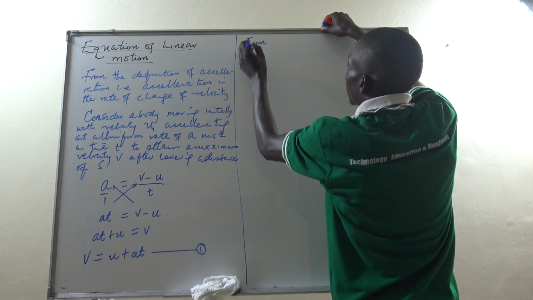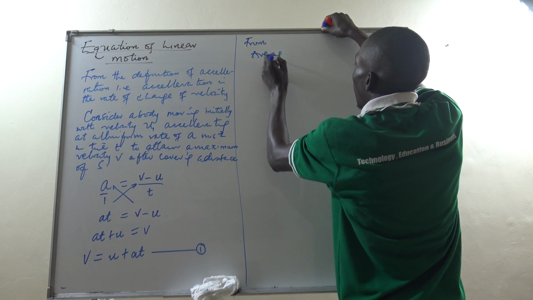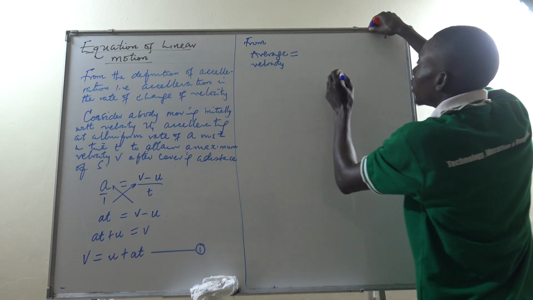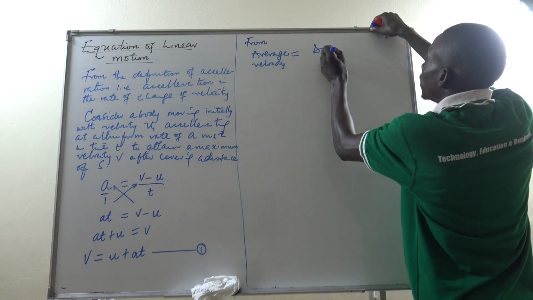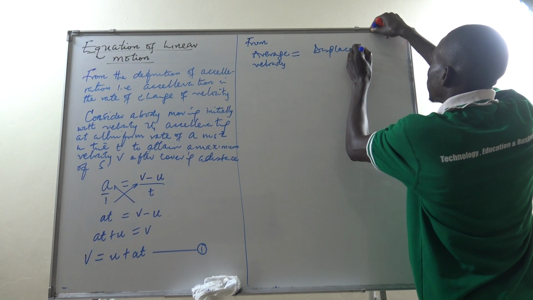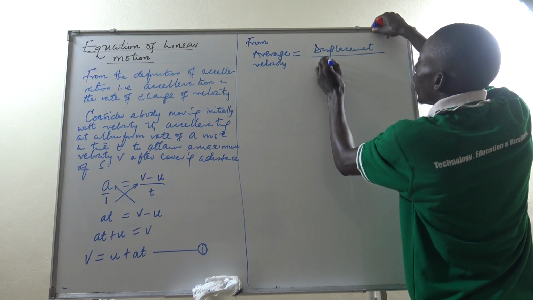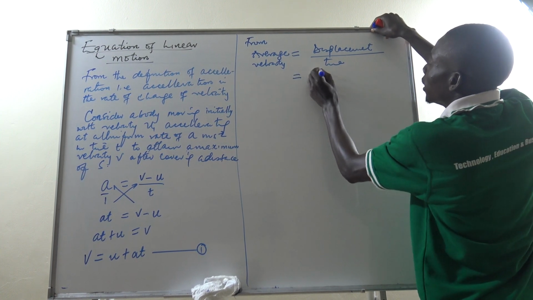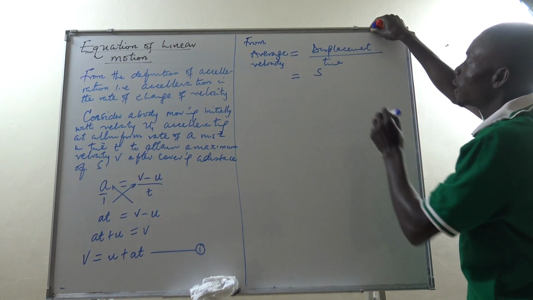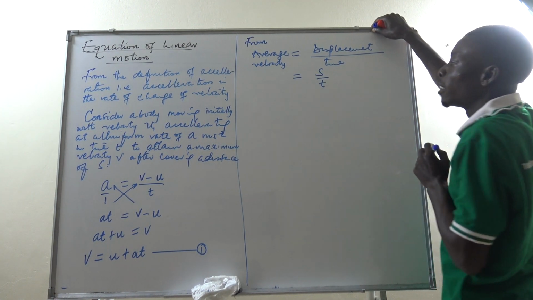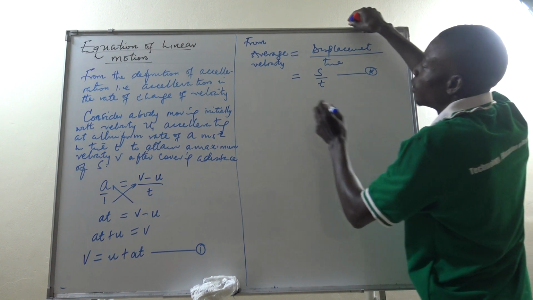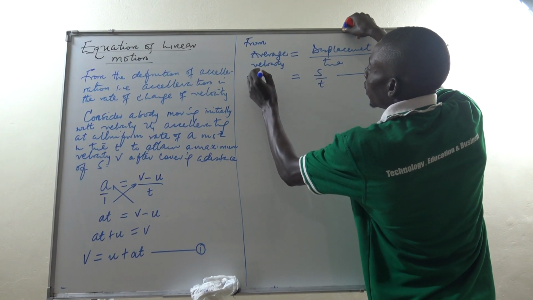And then from the same statement, average velocity equals displacement divided by time, that is the displacement s divided by time t. I can put this as equation star 1 for average velocity.